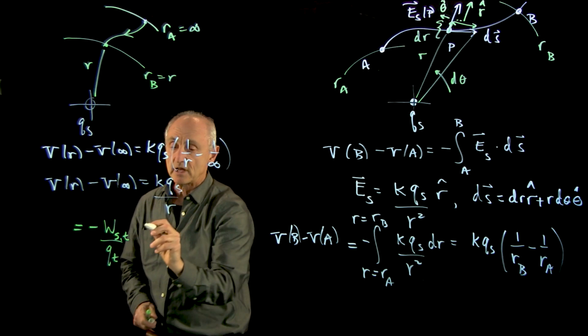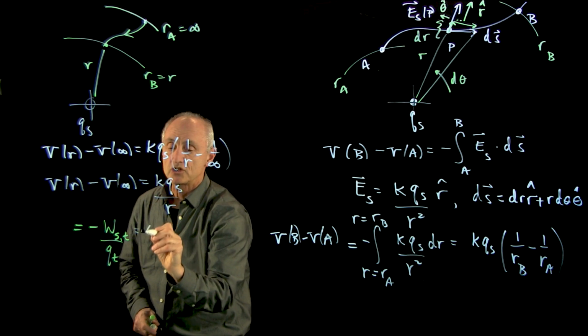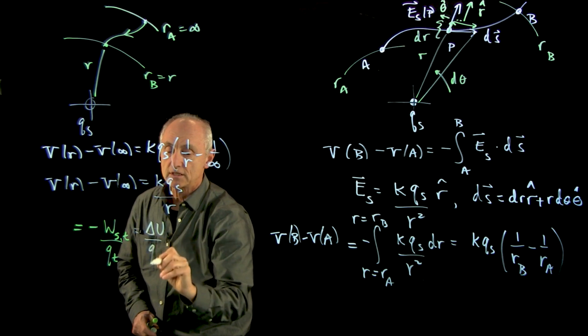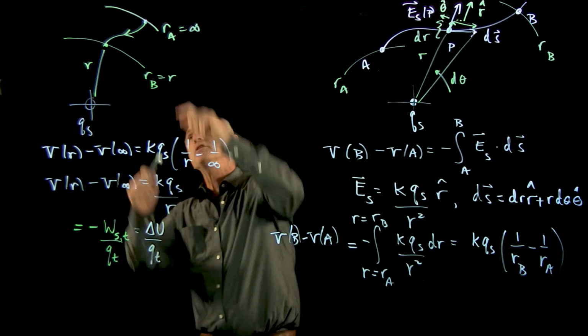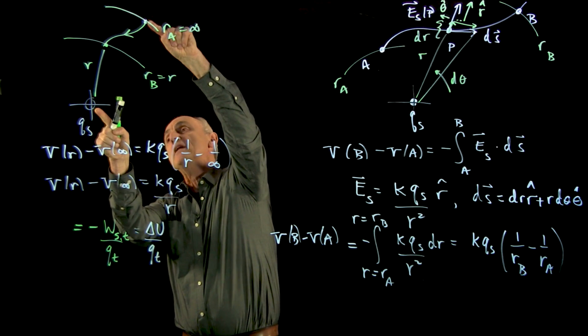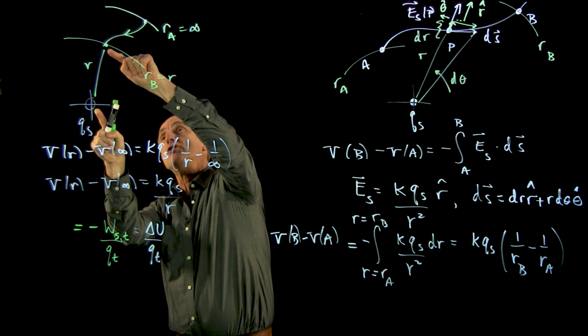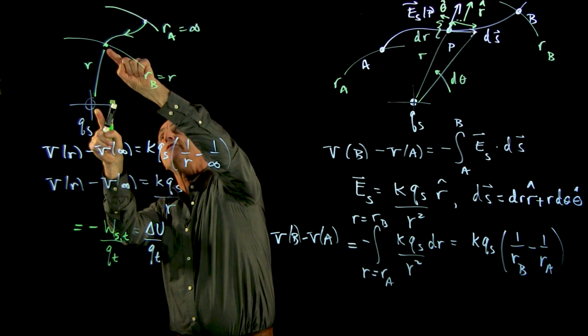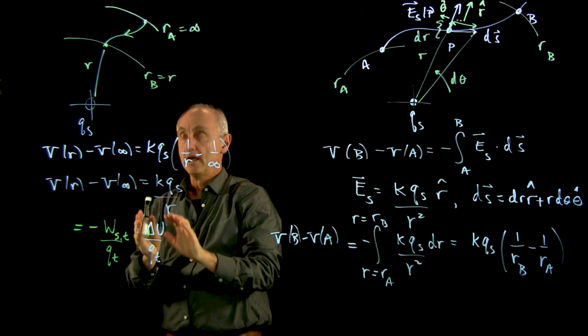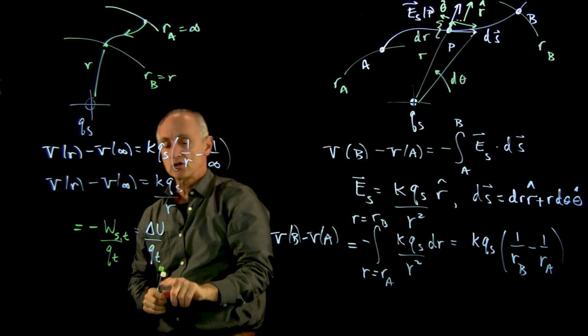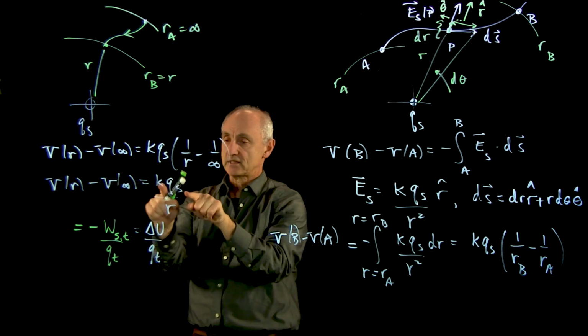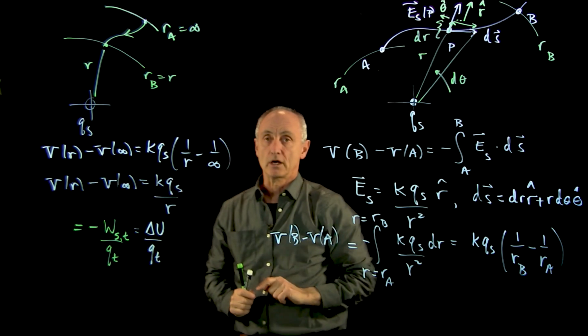We also could have said it was equal to the change in potential energy divided by the test charge. If we started with a test charge at infinity, and we had our source here, and we moved our test charge so that it's a distance r away from the source in our final state, and we calculated the change in potential energy divided by Q test, that's exactly what that quantity is.